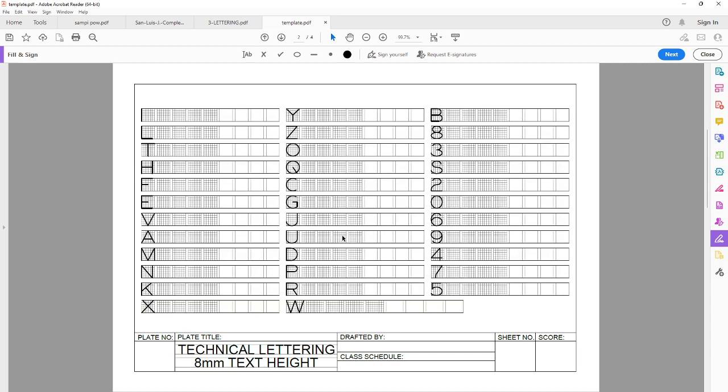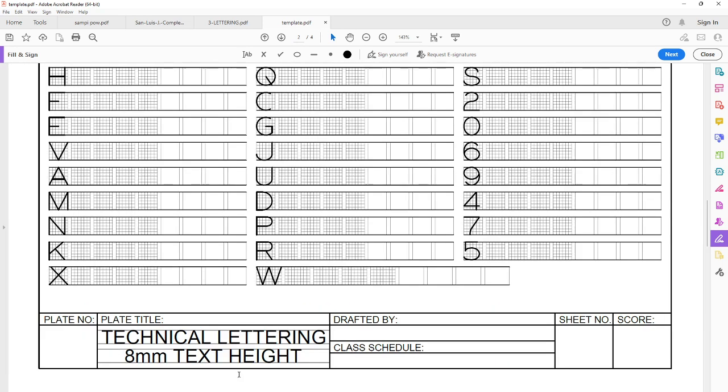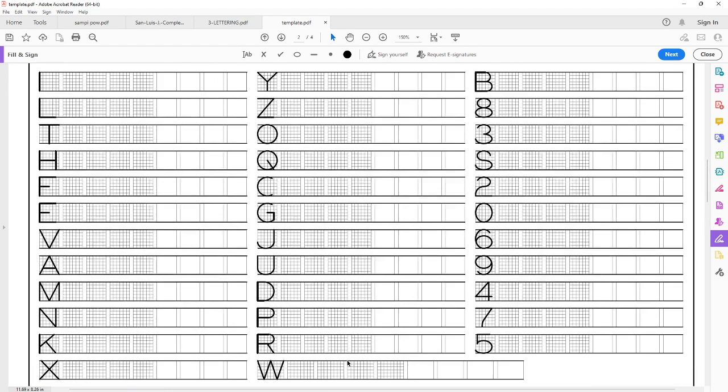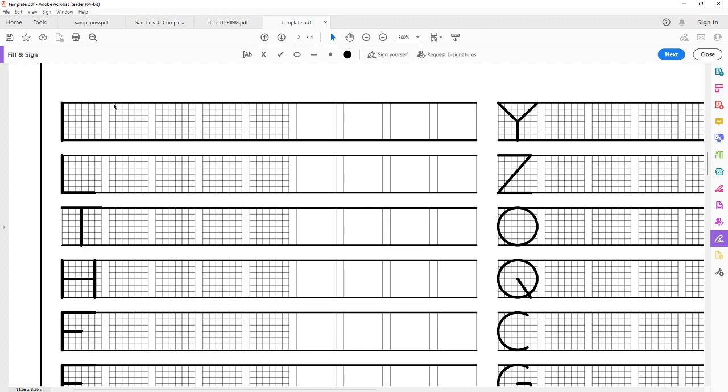Plate number 1. Plate number 2 is technical lettering using an 8 mm text height. As you can see, there are already grids. You have guided grids for the first four characters.